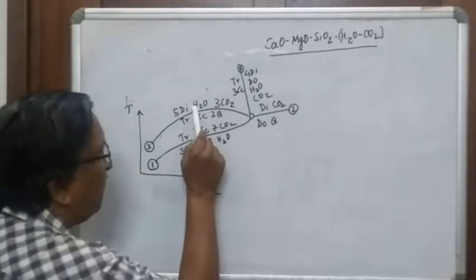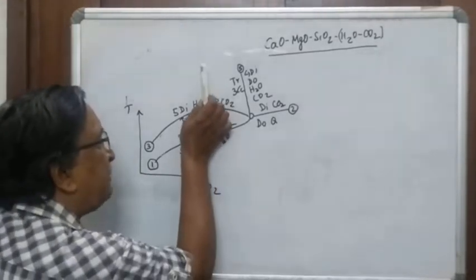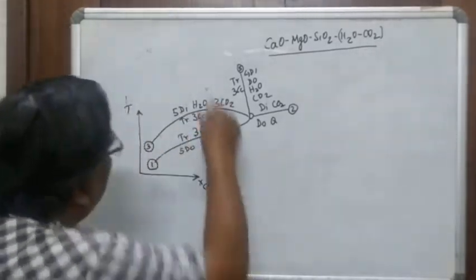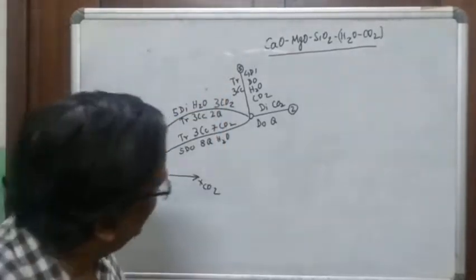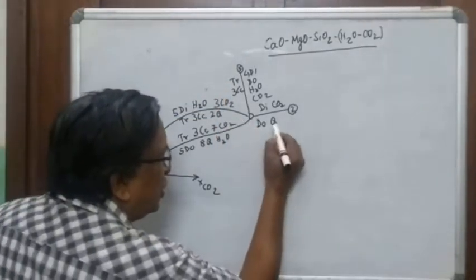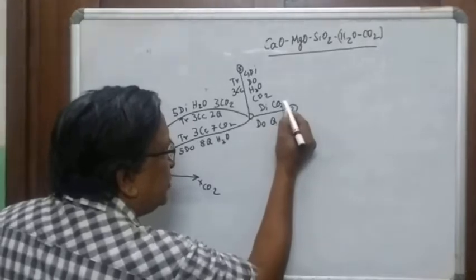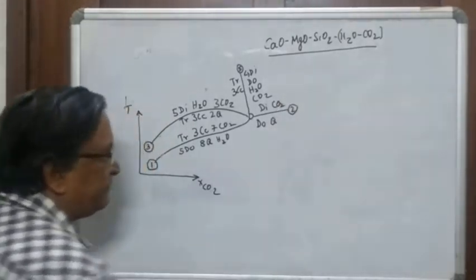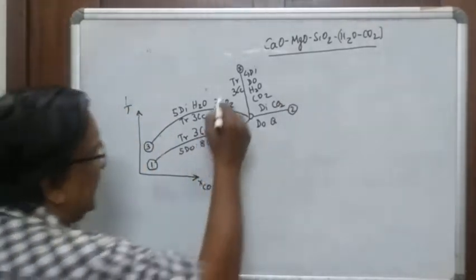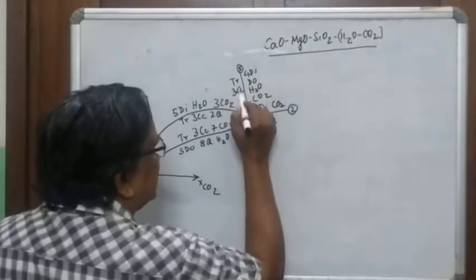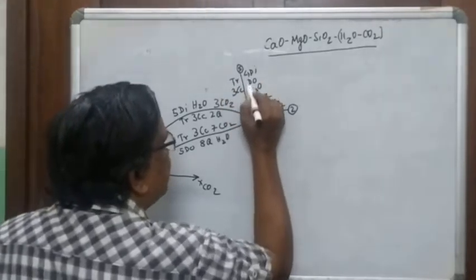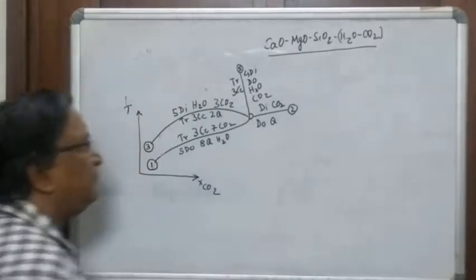Here, both H2O and CO2 are produced as we go up temperature. Here dolomite and quartz produce CO2 as we go up temperature. And in this tremolite plus calcite, you can see if we go up temperature, we will go H2O plus CO2.